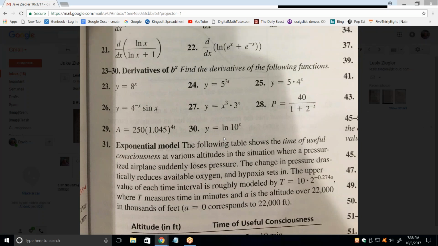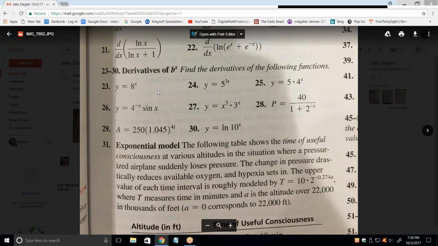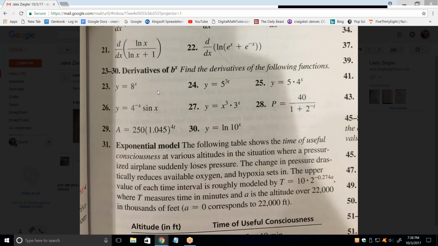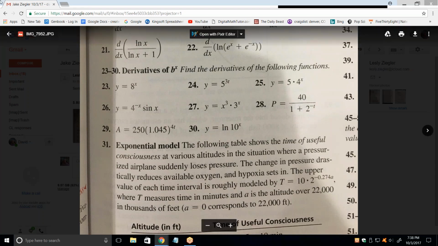Find the derivatives of the following functions. Okay, the one derivative we have never talked about is not the derivative of e to the x, but the derivative of some number other than e. In other words, the derivative of a to the x.